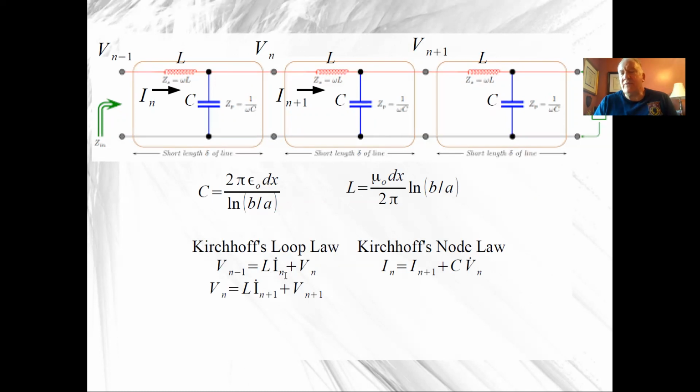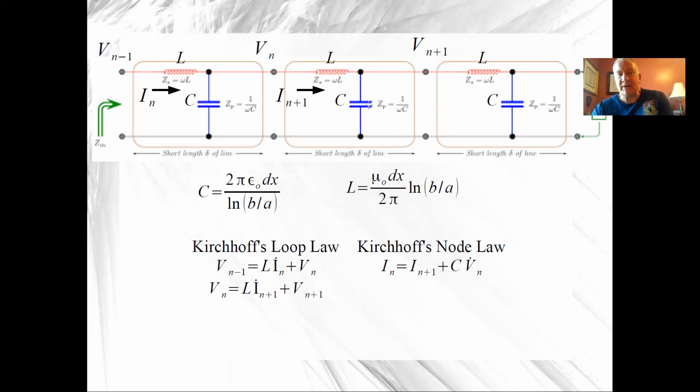Don't forget, if the current is not changing in an inductor, the voltage is 0. If it's increasing, the voltage will be positive. And if it's decreasing, the voltage will be negative. And that came from Faraday's law.